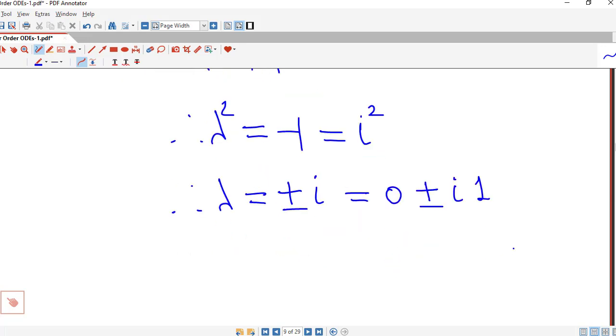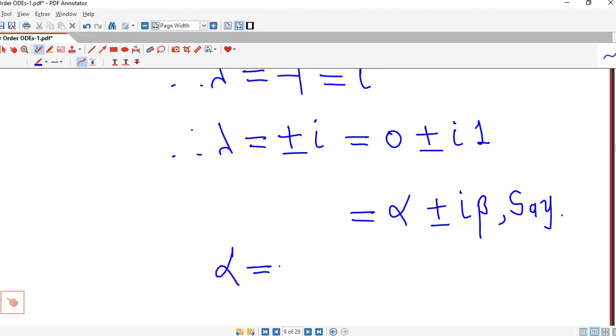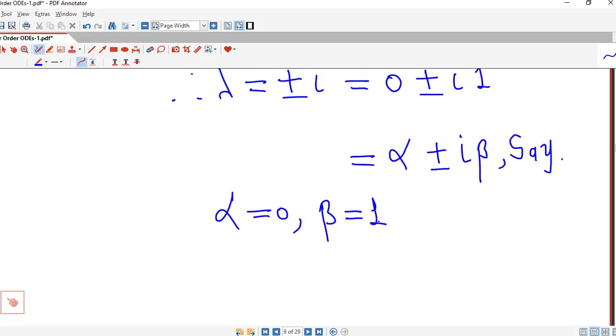We can rewrite this as 0 plus or minus i into 1. So the roots are complex conjugate roots, and if we compare with alpha plus or minus i beta, then alpha is 0 and beta is 1.